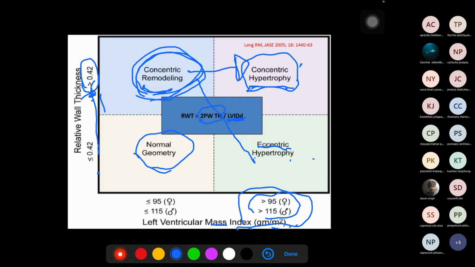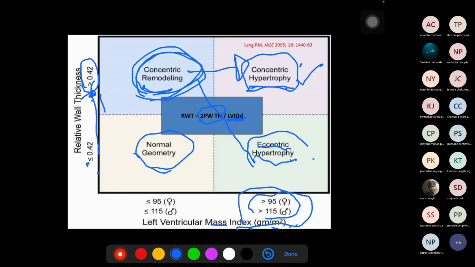It's called the concentric hypertrophy. But if the mass is increased, it's called hypertrophy, but relative wall thickness is less than 0.42, it is called the eccentric hypertrophy.